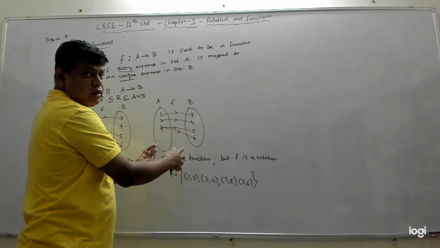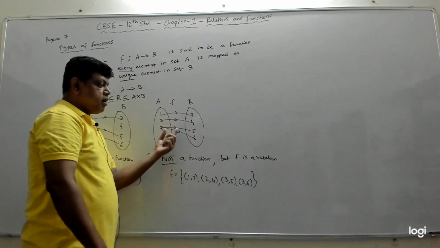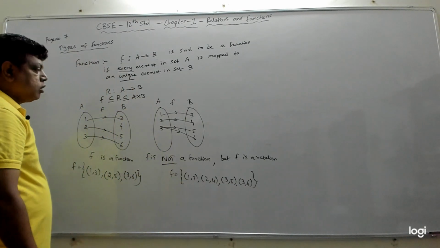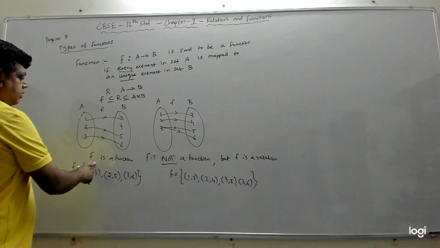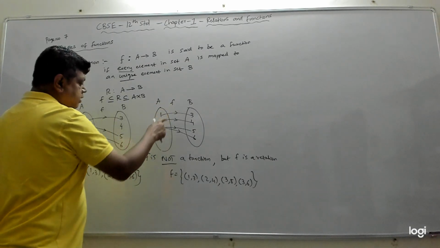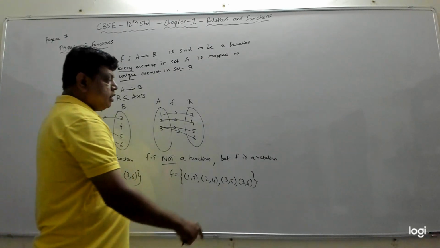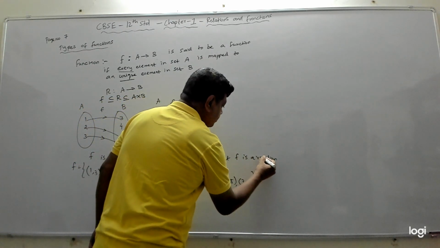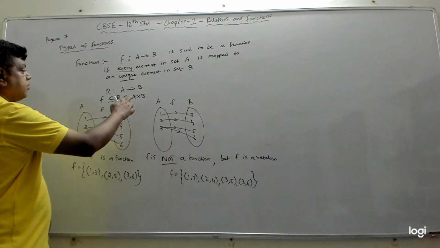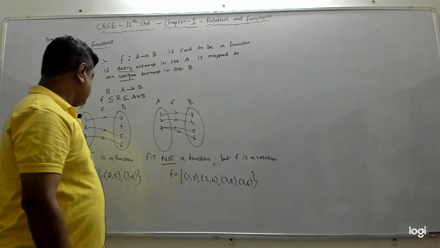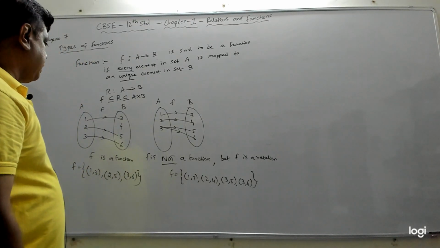So this relation can also be represented as an arrow diagram or as a set. Here F is a function, and here F is not a function, but it is a relation. Both are subsets of A cross B.